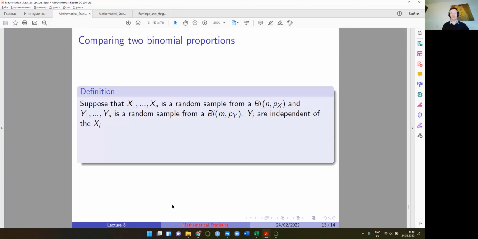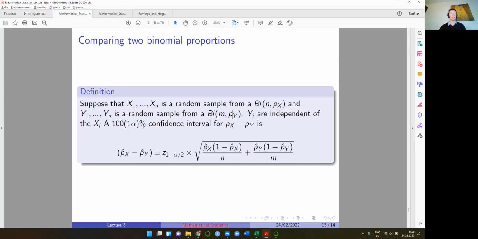This is not the population mean, or it is a special version of a population mean. Well, in this case, we apply the same techniques. The only difference is in the test statistic. We assume that we have two samples, drawn from the binomial distribution with n and p of x, and with m and p of y.